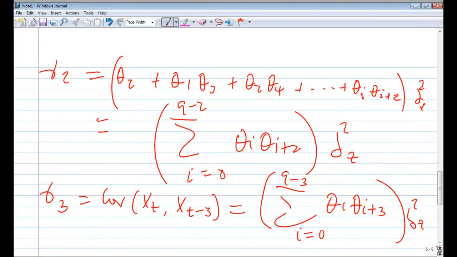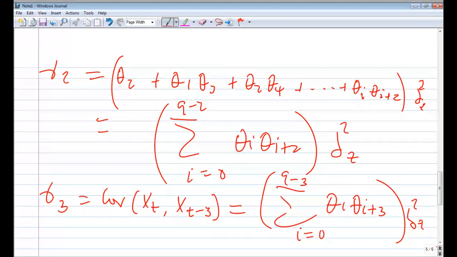Sir, it's confusing to use i, because you are using i on the summation and also there when you are expanding, at the top, as a sum of those coefficients, the thetas. Which one can we use there?